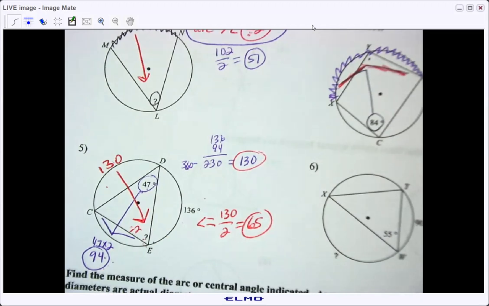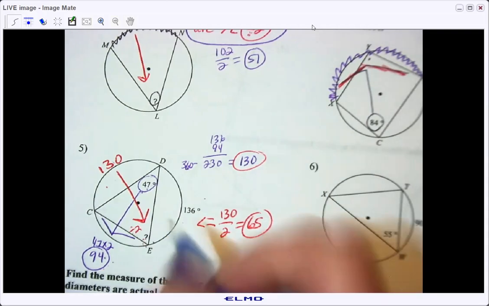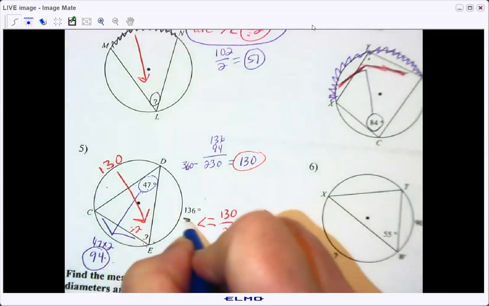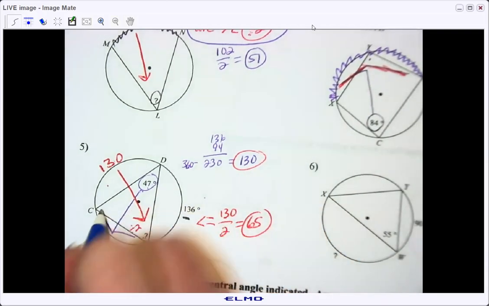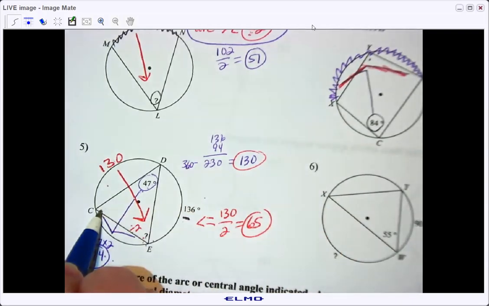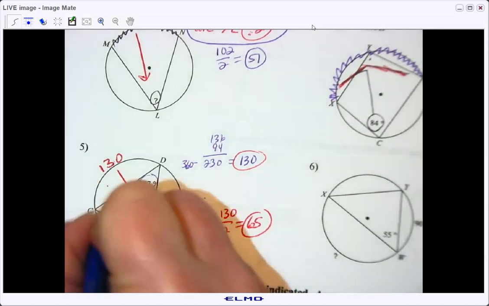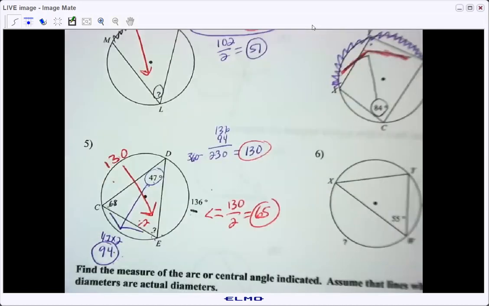The other way to do that, and you may like it, you may not, is because I have this arc, I can find this angle. That would be 68.